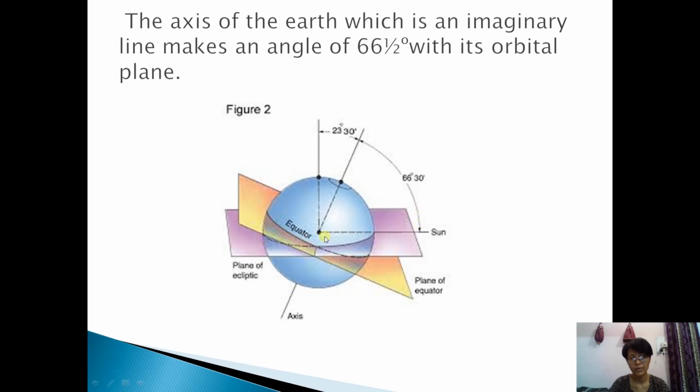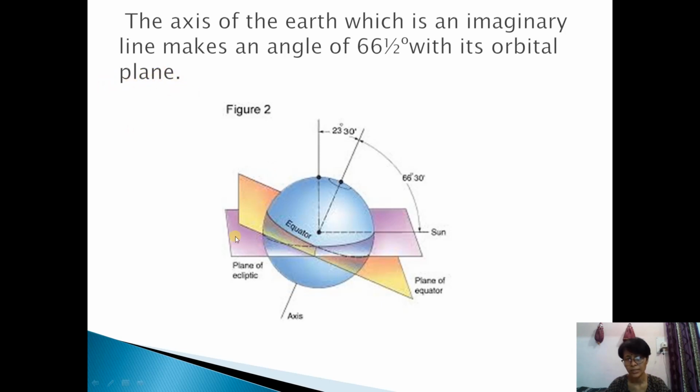Whenever the earth moves around the sun, it has its fixed orbit, and that orbit is not only a single line. It is a plane surface, a flat surface, which is imaginary.